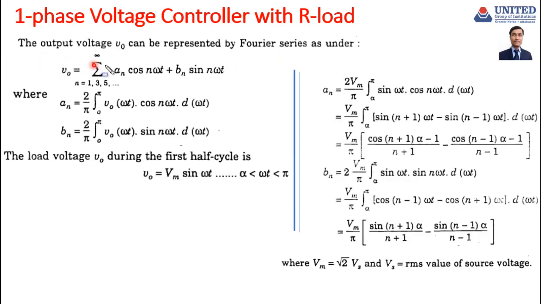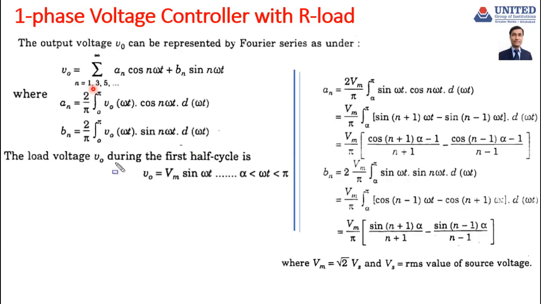So the output voltage V0 can be represented by a Fourier series given by V0 equals summation over odd terms n equal to 1, 3, 5 to infinity of an cos n omega t plus bn sin n omega t, where an is given by 2 upon pi integration of 0 to pi V0 of omega t cos n omega t d omega t, and bn is equal to 2 upon pi integration of 0 to pi V0 of omega t sin n omega t d omega t.